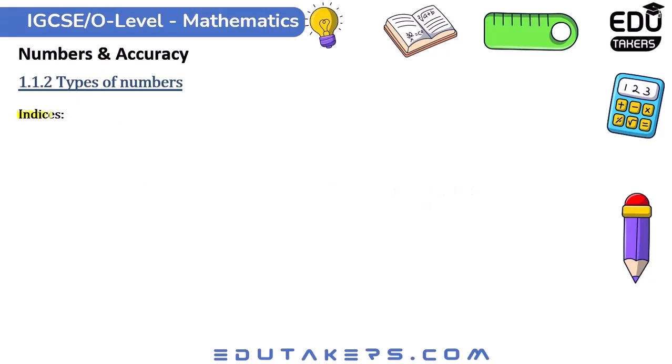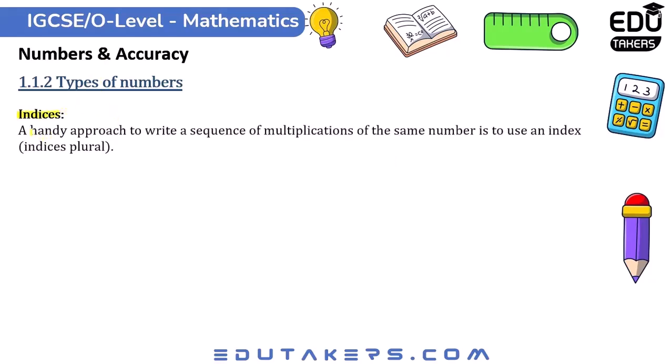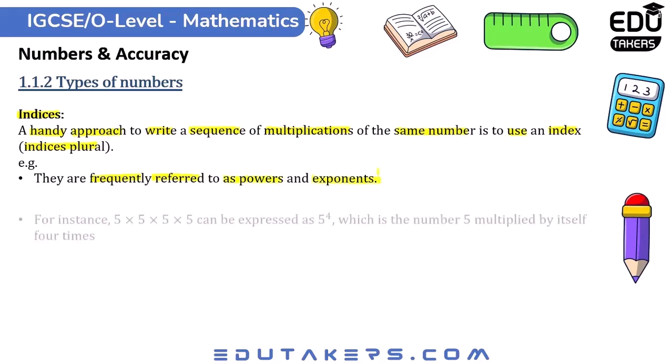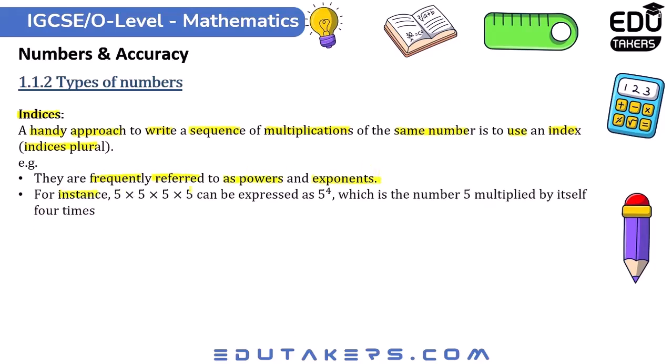The next is indices. A handy approach to write a sequence of multiplications of the same number is to use an index, and its plural is indices. They are frequently referred to as powers and exponents. For instance, let's say we have a number 5 times 5 times 5 times 5.